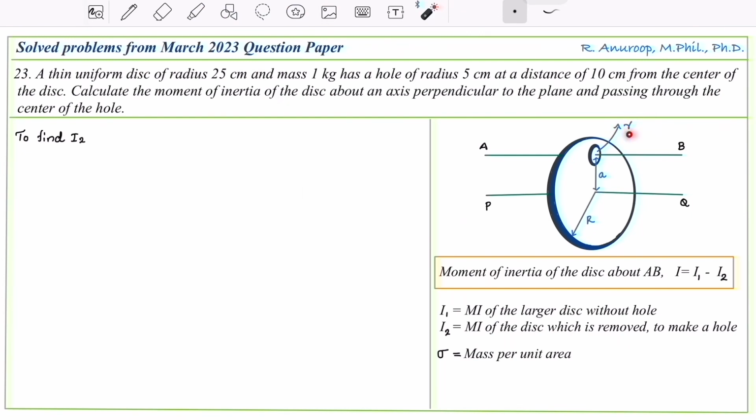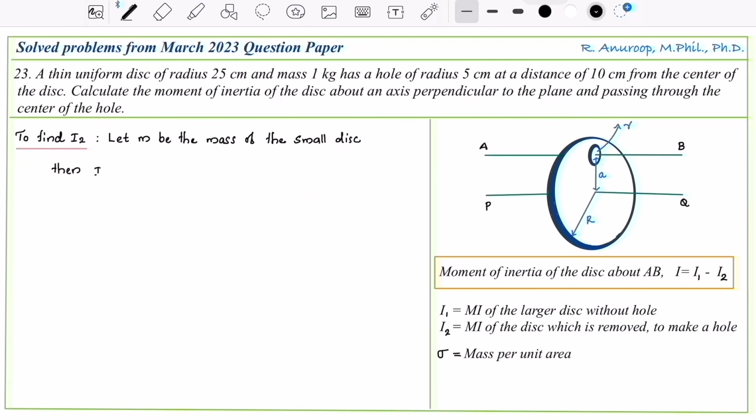Let small r be the radius of the smaller disk which is removed from the larger disk, and let m be the mass of the smaller disk. That is, we have removed a smaller disk of mass small m and radius small r from the larger disk.